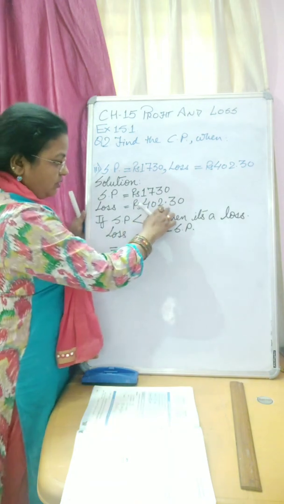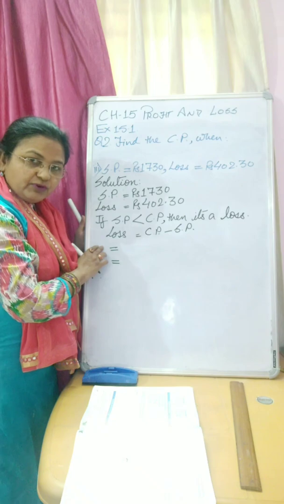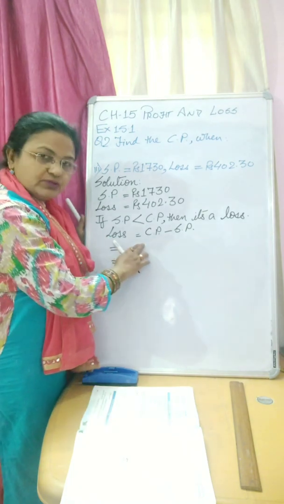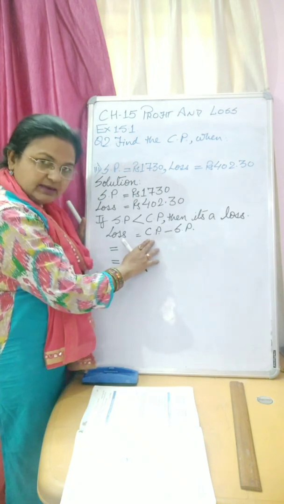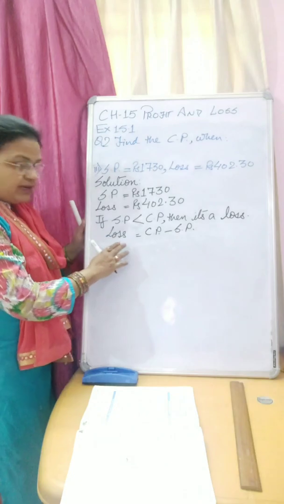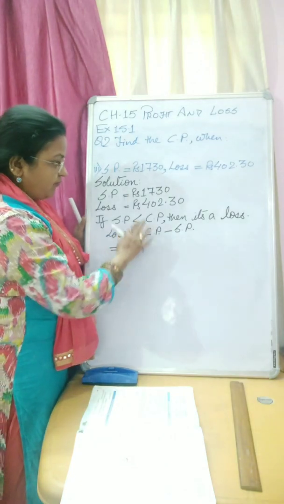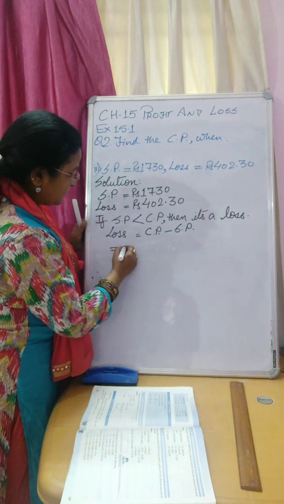We know because it's a loss, so SP is smaller than CP. We know the formula of loss. Loss is equal to CP minus SP because here SP is smaller. So CP is greater. So CP minus SP. Now we'll derive formula for CP. So CP is equal to what it will be?